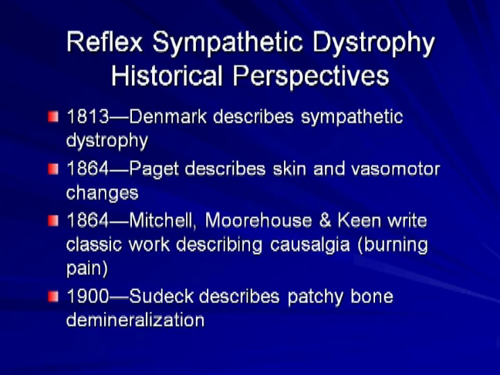I always find it interesting to know where we've been and how we got to where we are, as part of understanding what we do, why we do what we do, etc. So complex regional pain syndrome or reflex sympathetic dystrophy was probably recognized many decades, centuries ago, but the first medical description of it in the medical literature was by a surgeon named Denmark.